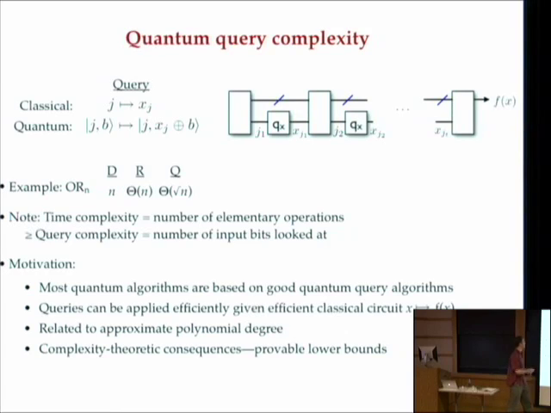It'll look like a sum over j, b of psi jb, which is some state, tensor j b, and the result will be the same sum, the same psi jb, except j, xj plus b. Can you write it on the board, the superposition query?